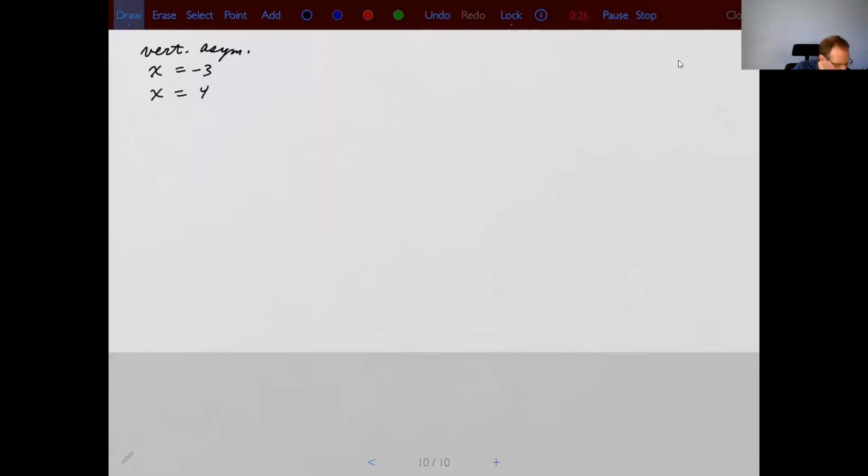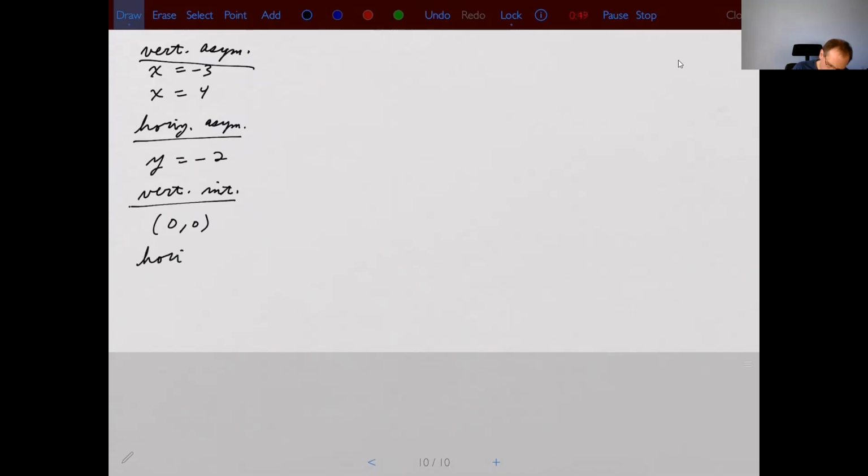We had a horizontal asymptote, and that was y equals -2. We had a vertical intercept, where it crossed the y-axis. That was at the origin at 0, 0. And we had horizontal intercepts, two of them, one at 0, 0, and also at 3, 0.